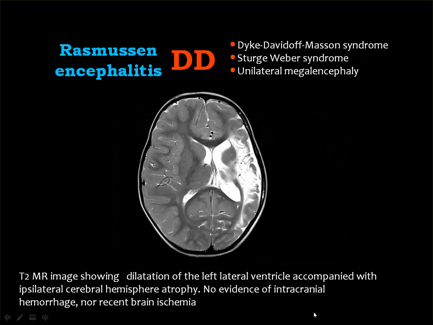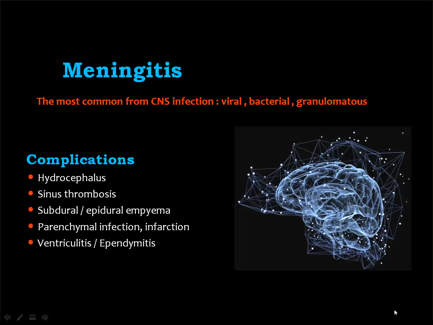Then you may assume the possibility of Rasmussen encephalitis. The differential diagnosis will include Davidoff-Dyke-Masson syndrome, which is hemiatrophy of the brain, Sturge-Weber, and unilateral megalencephaly. And we'll discuss this particular issue in the pediatric brain, inshallah.